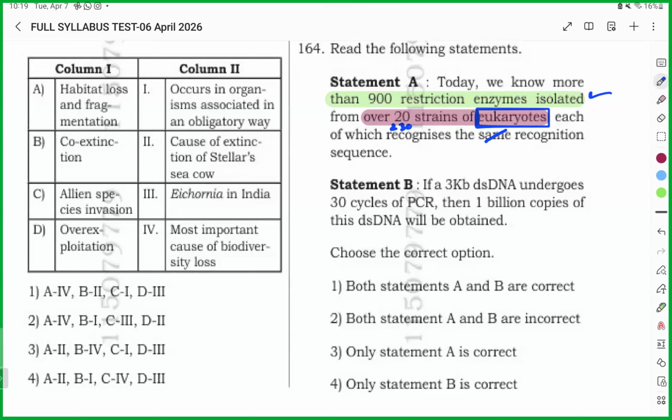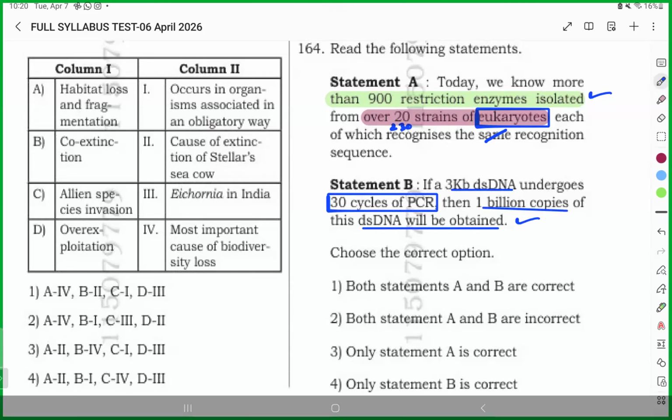Right? And the second one, Nirjala. If you have DNA undergo 30 cycles of PCR, it will produce 1 billion copies of this DNA. This is the first part we already did. The second part, PCR, will be from the same topic. Quick revision of PCR.